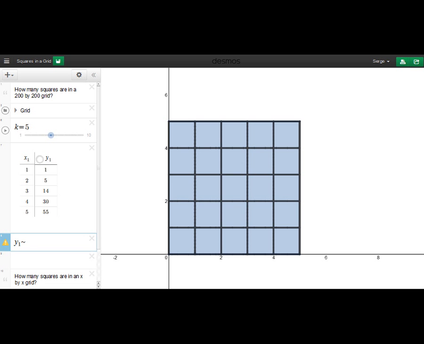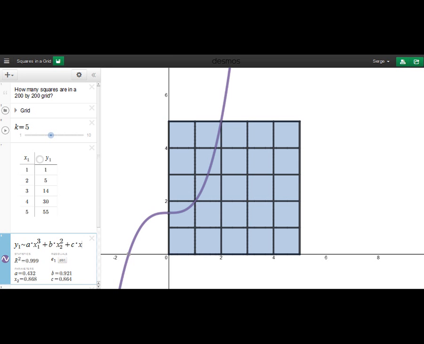So I'm going to type in a times x1 cubed plus b times x2 squared plus c times x3 plus d. So it's some combination of a cubic polynomial, a square, a linear, and a constant polynomial.